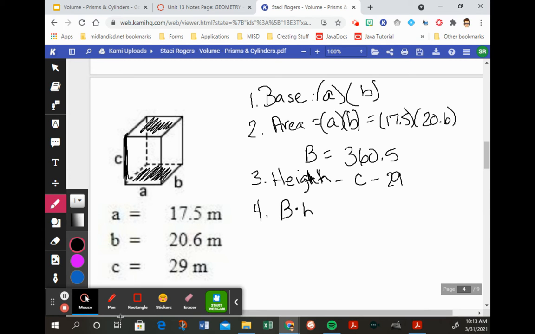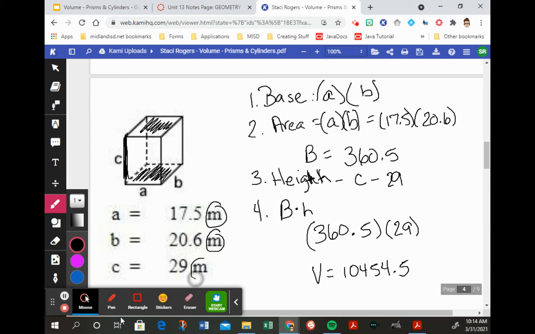So big B is 360.5 times the height, which is 29. I multiply times 29 and get volume equal to 10,454.5. And notice how many meters are there? There are 3, so I have meters to the 3rd power.